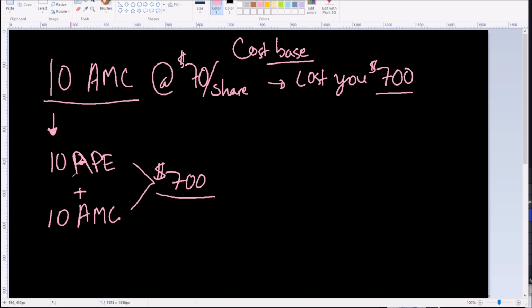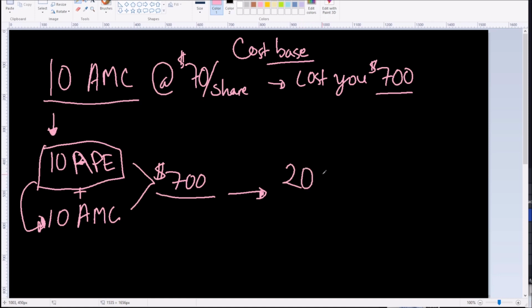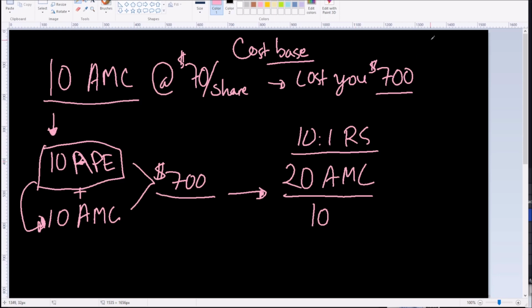Okay, so now when you try to introduce ape back into the float of AMC, what would happen? When you add it back, you would have 20 AMC, because it's 1-to-1, right? Now when you have 20 AMC, they want you to divide that by 10. This is the 10-to-1 reverse stock split.